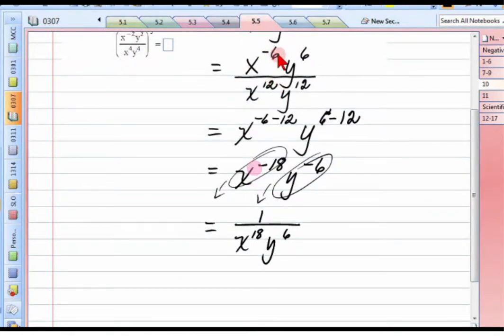If you look up here for a second, it's negative 6 minus 12, that's what I wrote right here. Then it is 6 minus 12, and that's what I wrote right there. So negative 6 minus 12 is negative 18. Positive 6 minus 12 is negative 6.